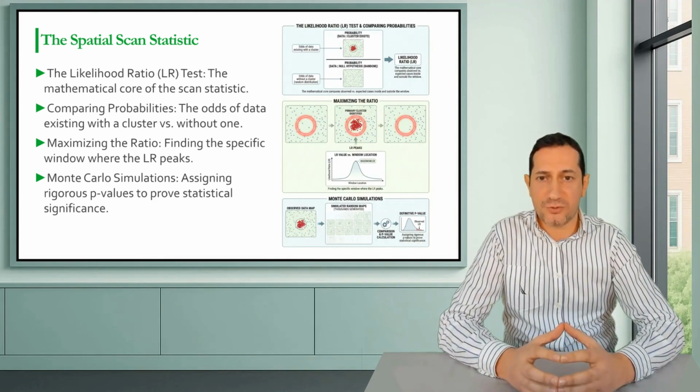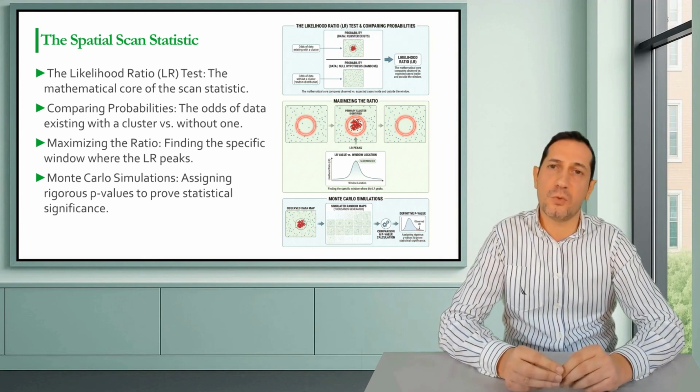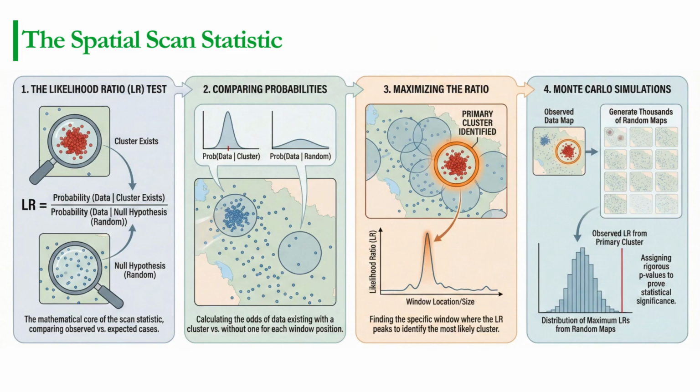How does Kulldorff's scan determine whether a window contains a true cluster? It uses a maximum likelihood ratio test. As the window moves across the map, the method calculates two probabilities. The first is the probability of observing the data if a real cluster exists inside the window.